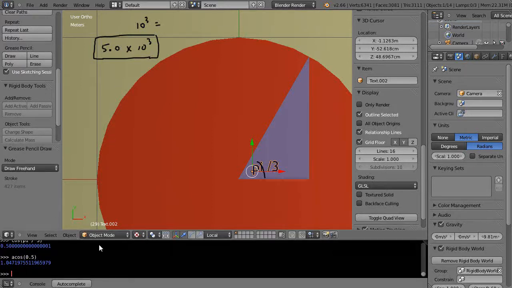If I wanted to add 5,000 plus 2,000, I could type 5,000 plus 2,000 like this, and it gives me 7,000. But I could do it in scientific notation Python-wise: 5e3 plus 2e3, and there it is, 7,000. That's the same as 5 times 10 to the third power.